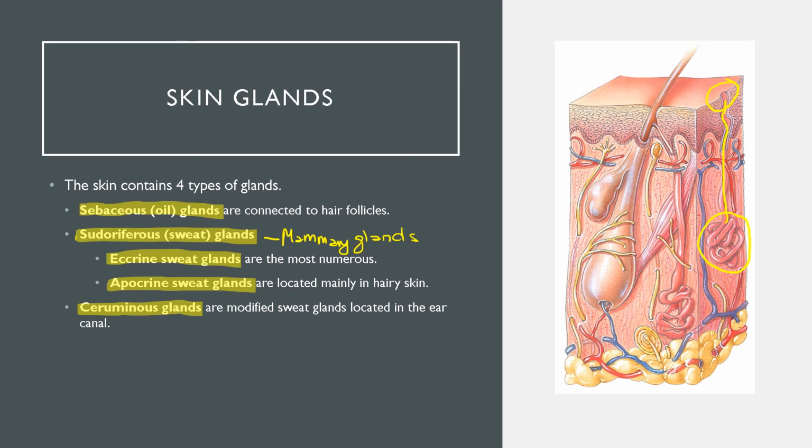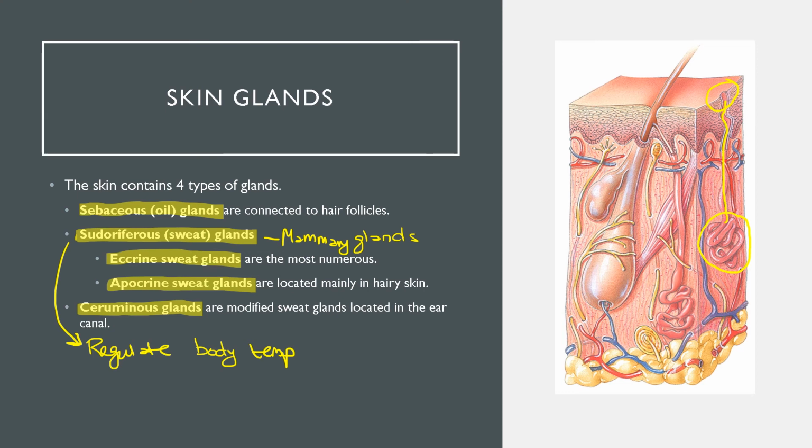Now, the main function of sweat glands is to help to regulate body temperature through evaporation. As the sweat evaporates, large quantities of heat energy also leave the body surface.